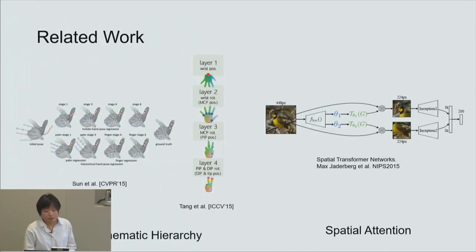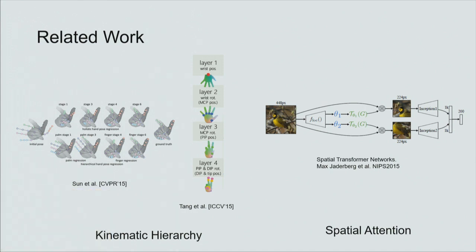We are not the first to use the hierarchy or hand structure. These two works decompose the output joint locations by following the hierarchy. The difference of our work from this work is that we follow the spatial attention in image recognition to transform the input and output at the same time to reduce the input and output space variation.